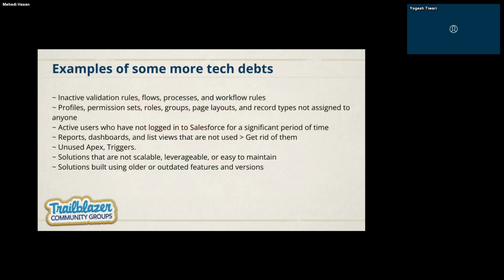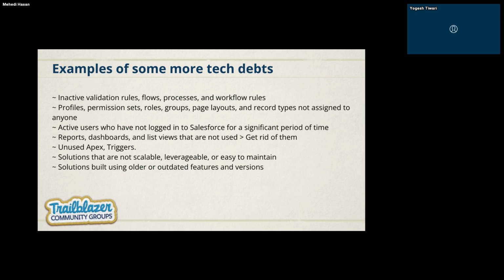So here are some more examples of technical debts. You can see they're pretty much self-explanatory. I'll just quickly go over them. Inactive evaluation rules, flows, processes, and workflow rules. Process, I mean the process builders. If they're inactive and no longer used, you can just get rid of them.